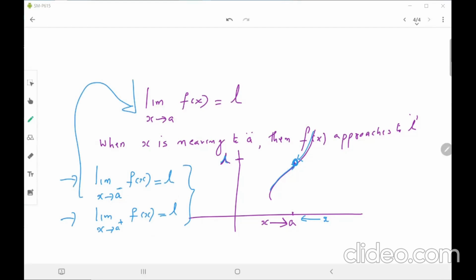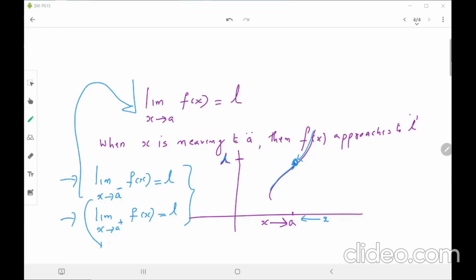Because when x is approaching A, from the left side as well as the right side, then only it will have meaning. So try to understand, the meaning of A minus is not negative A. A minus means the value of x approaches A from the left side. If you want, I'll write here because that point is important.